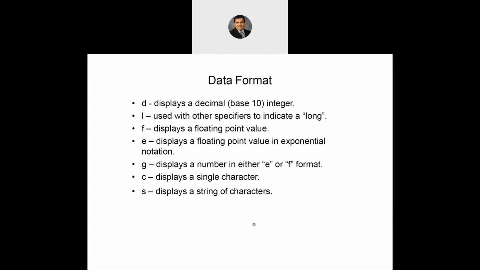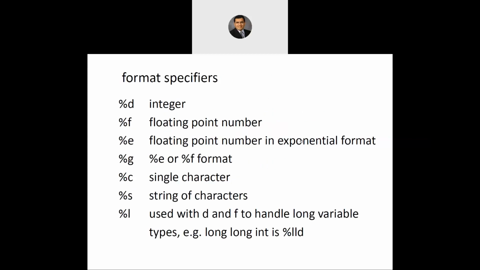Now, the print function has specific data formats. We have studied this again, but we are going to revise it because it is relevant to what we are studying here. If your format specifier is %d, that means integer. %f means a float. %e means a float in exponential format. %g can be exponential format or float format. %c is a single character. %s is a string of characters.